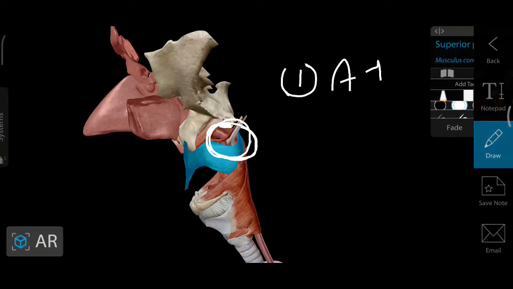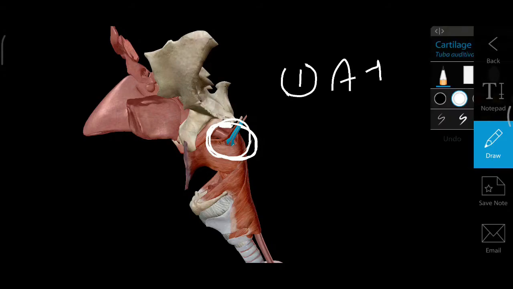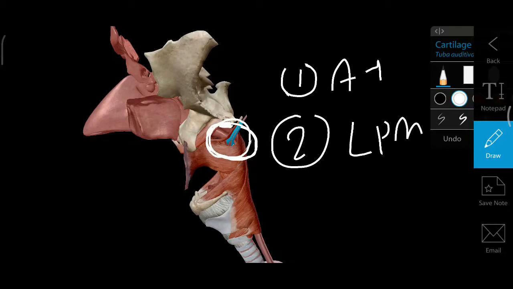You can even see this is the auditory tube. The second one is the levator palati muscle, LPM. The third one is the ascending palatine artery.